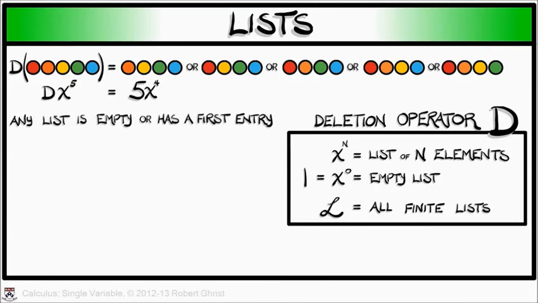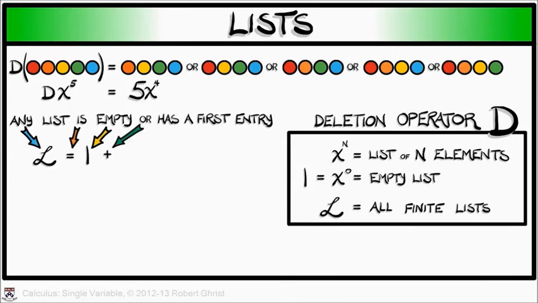Here's a statement. Any list is empty or it has a first entry. I hope you'll agree that that's intuitively true. What does it mean in this language that we're constructing? Well, any list certainly means L. That's our collection of all finite lists. What does it mean that it could be empty? Well, that means that it could be 1. What does OR mean?